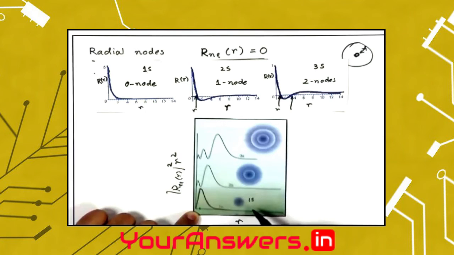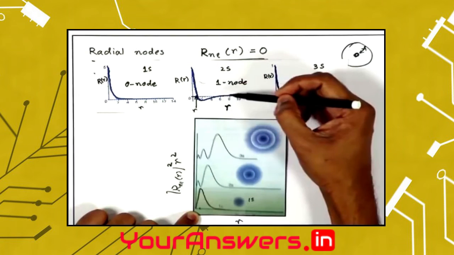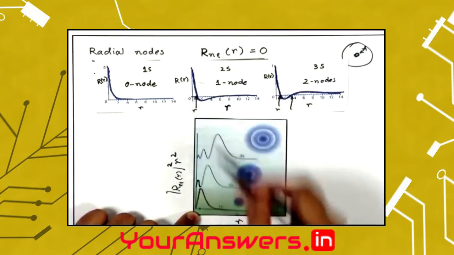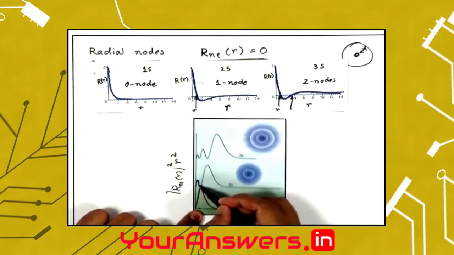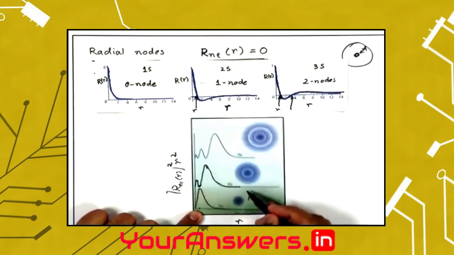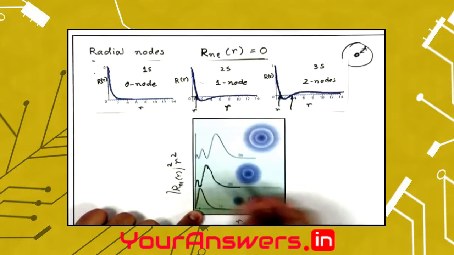Now, when I go to 2s, since the radial wave function looks like this when I take a square, I see first it goes like this, and then I have this point which is a node. So, the probability density becomes 0, and beyond that again I see another. What does that mean? When I plot in this way, I see that in the center there is a probability density.